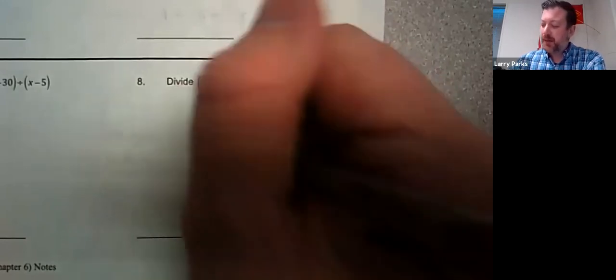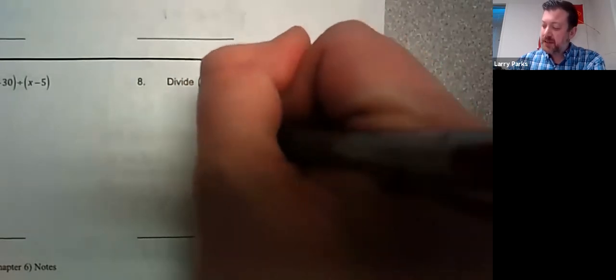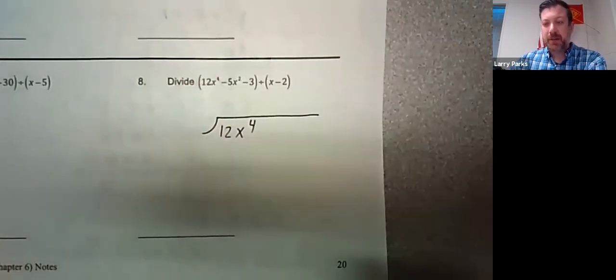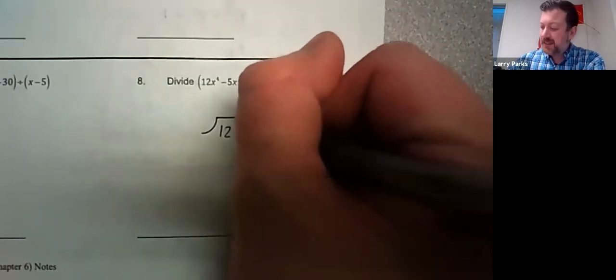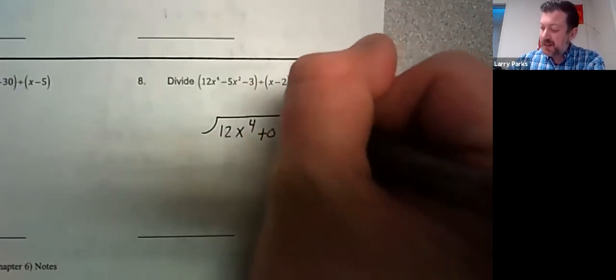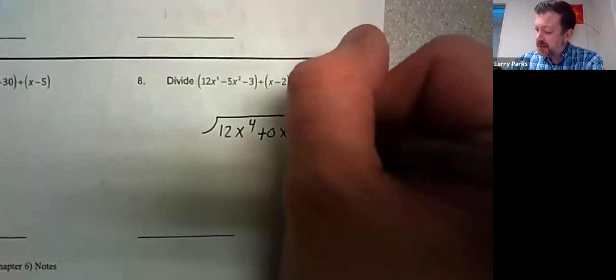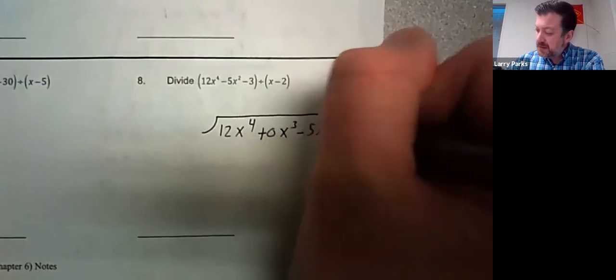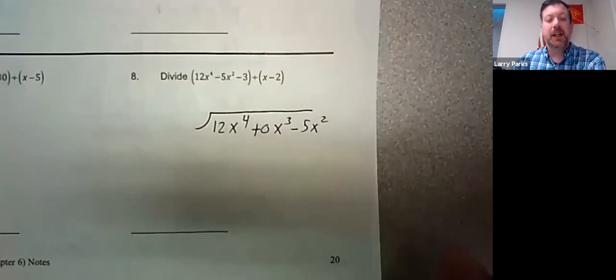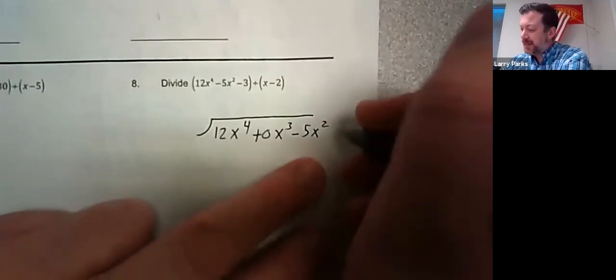So I'm going to put 12x to the 4th. And then because I'm missing the x cubed, I'm going to put plus 0x to the 3. And then I'm going to put in minus 5x squared. And then I'm missing the x, so I put plus 0x.